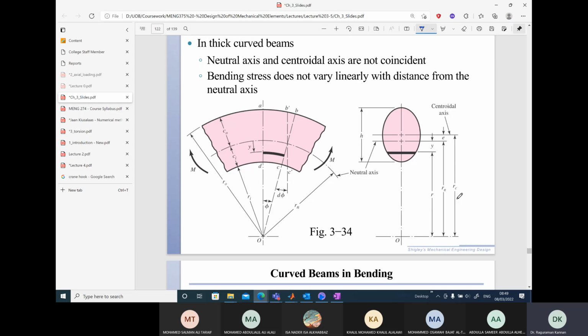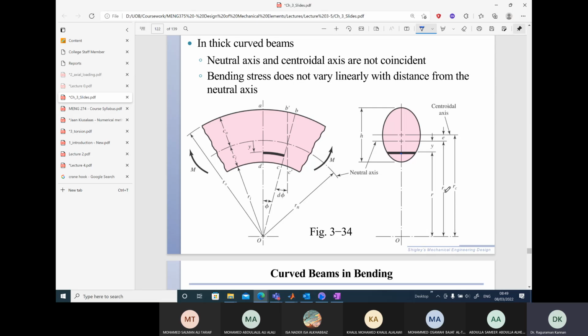To the centroid, it is given by Rc, and any distance measured from the center of curvature to any material inside the hook is measured with R. The distance between the neutral axis and the point where we are interested in calculating the stresses is called y. y is equal to Rn minus R.